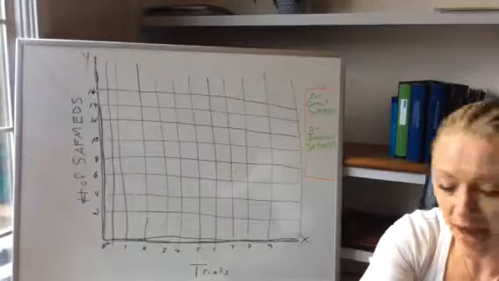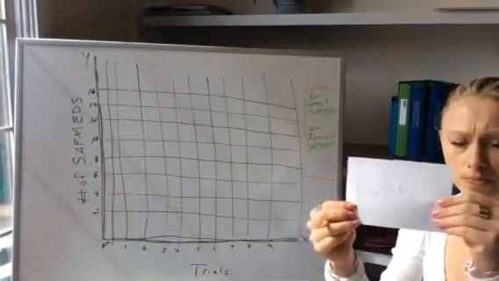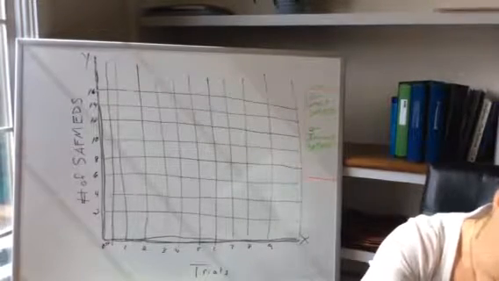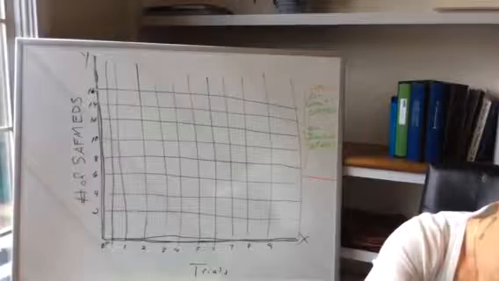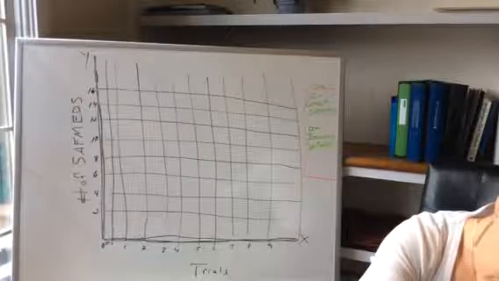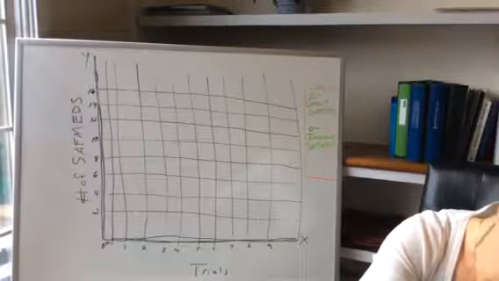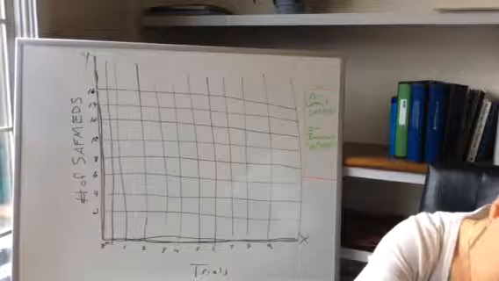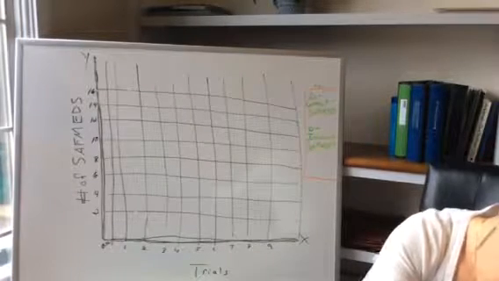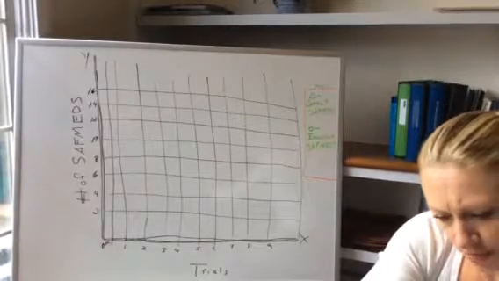Anyways, so let's create another SAFMED card for graph key. Graph key is going to be our term. And then our definition: provides information regarding data points and the behavior of interest being measured.